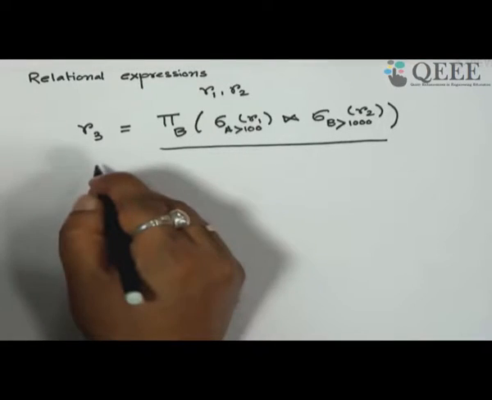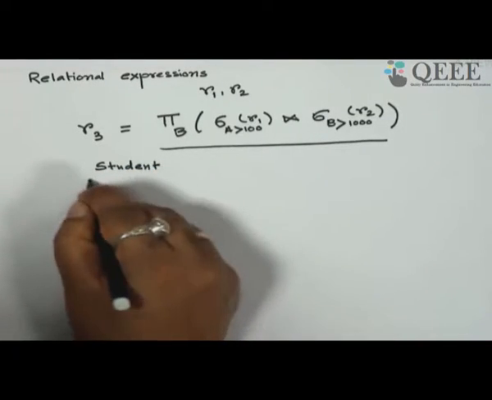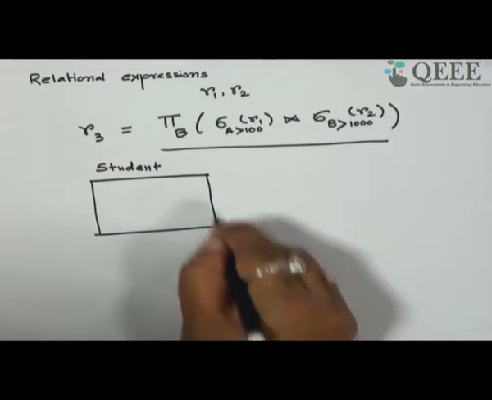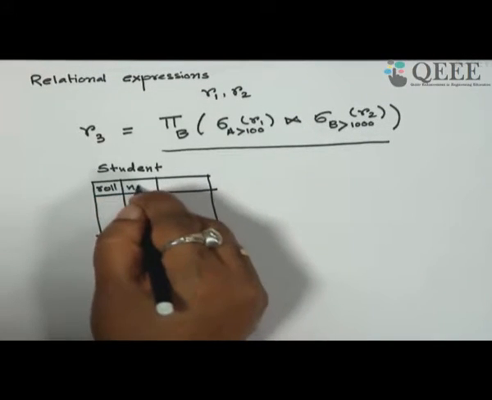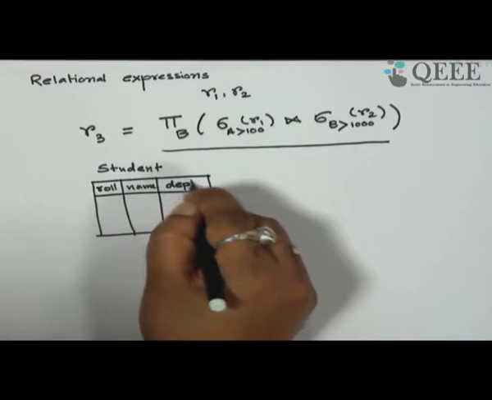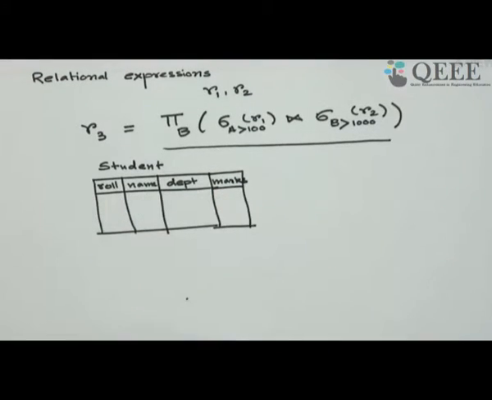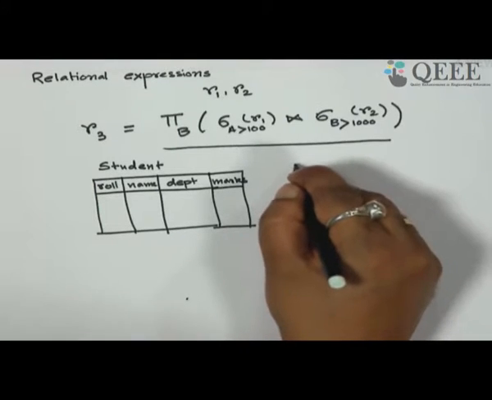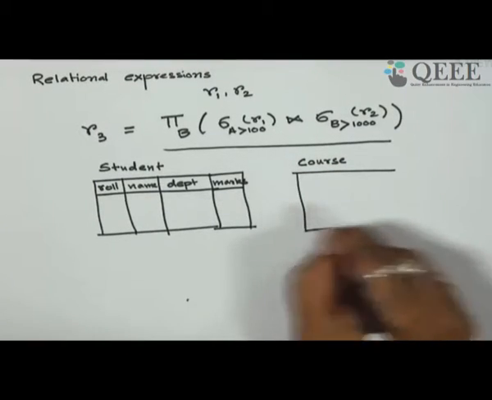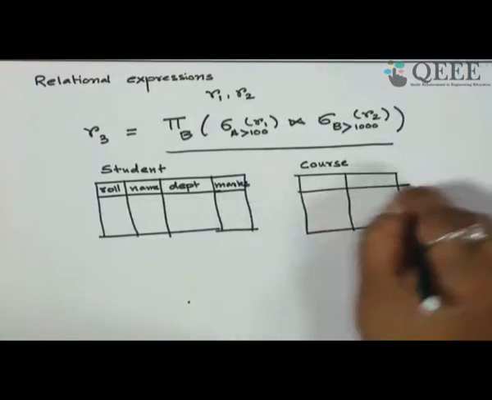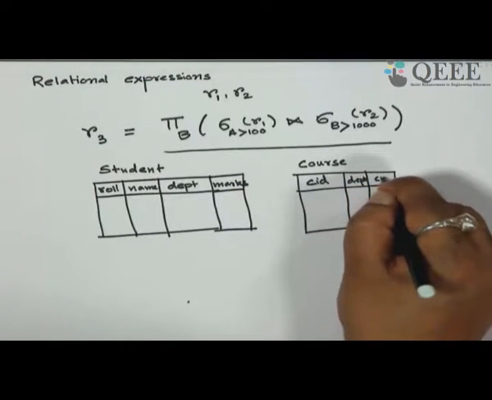For example, I have, say, two tables: a student table containing roll, name, department, marks, and a course table containing course ID, department, course name.